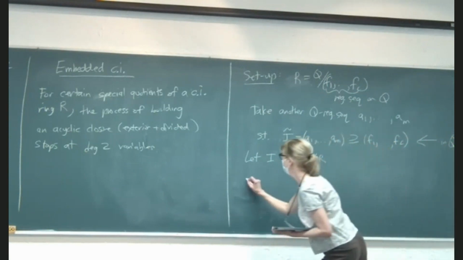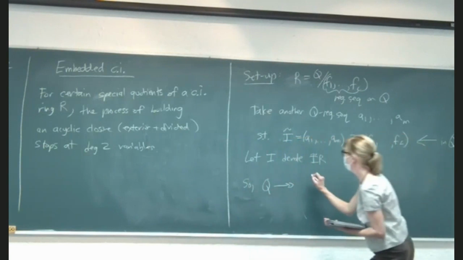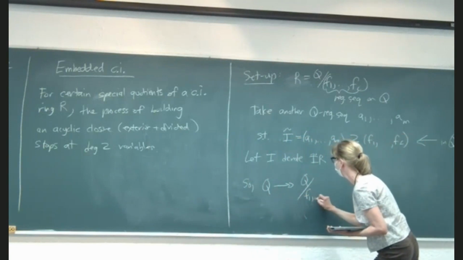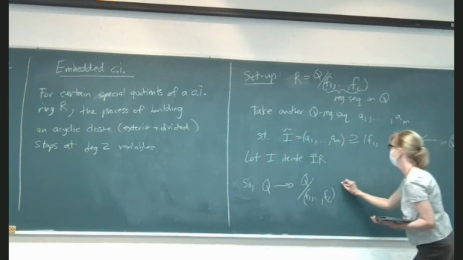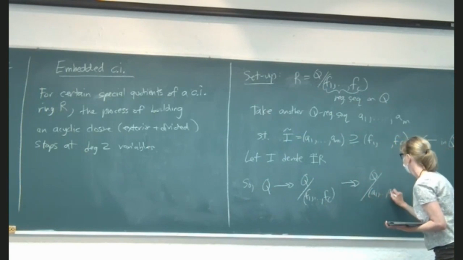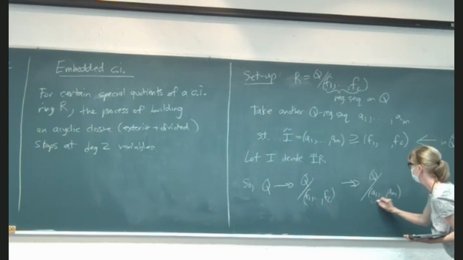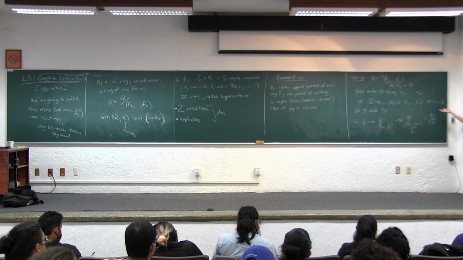So essentially we have Q mapping onto the smaller ideal Q mod F1 through Fc, and then you mod out by more stuff, Q mod A1 through Am, which is I'm calling I tilde, but really, see, these A's contain the F's, so I've modded out by the F's also, so you could think of this as R mod I, which is also generated by the A's, okay?